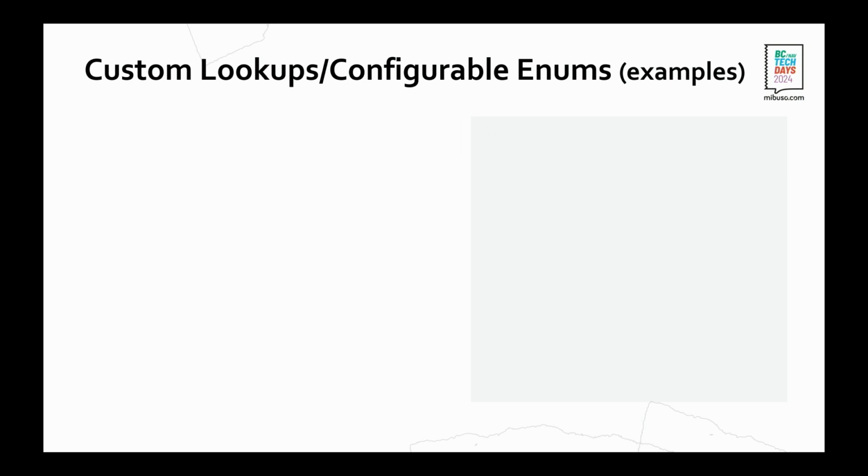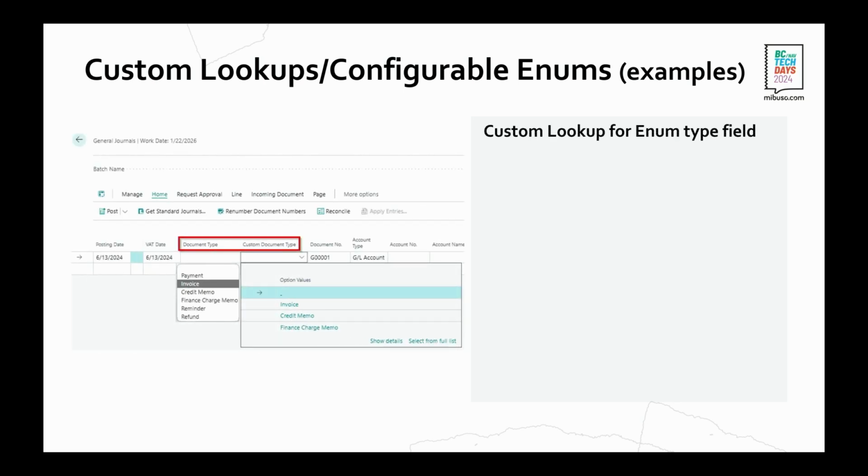If you want to make something similar, it is pretty easy. I will demonstrate some examples. Here we have the general journal and the field Document Type with several options. If you don't want to use some of the values, or you want some users not to be able to use some values, you can make your own lookup for that page.